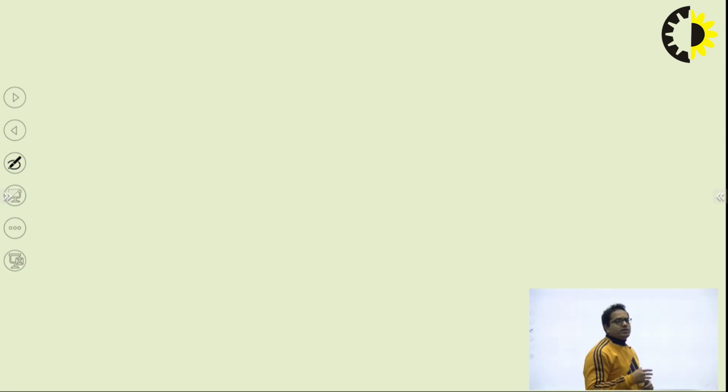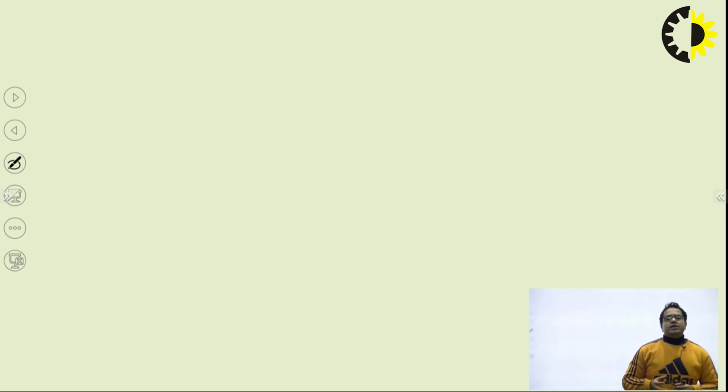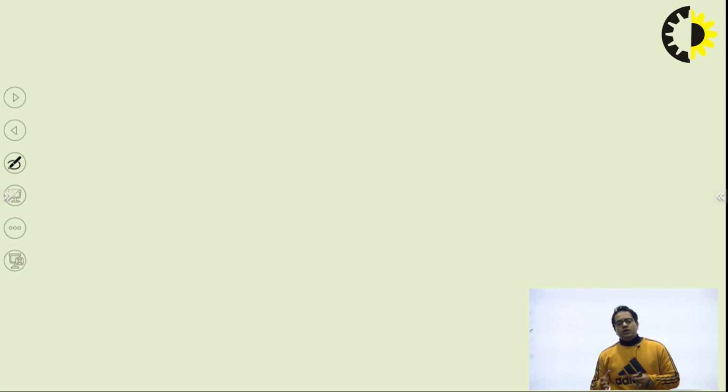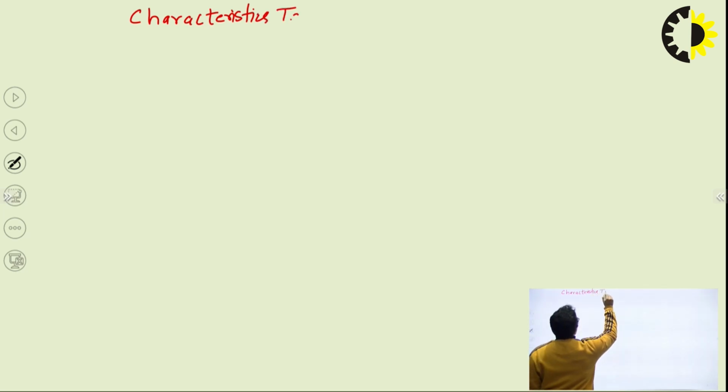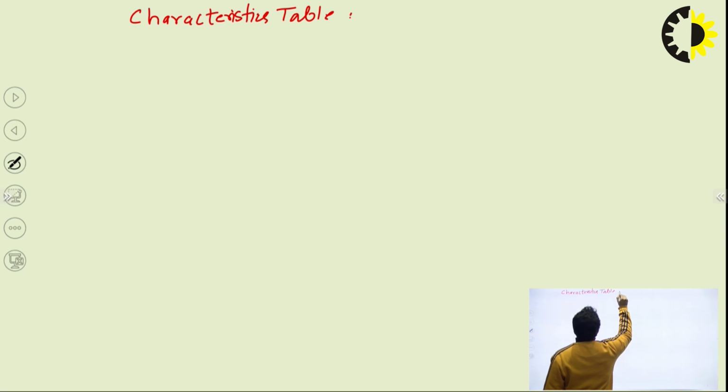How are we going to draw the characteristic table of an SR flip-flop? Just remember what a sequential circuit is: a digital circuit whose present output depends upon the present input as well as the past output. We have to keep this point in mind before dealing with the characteristic table. So let us start the characteristic table of the SR flip-flop.